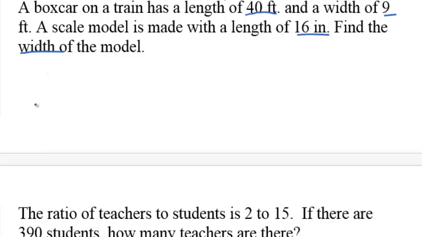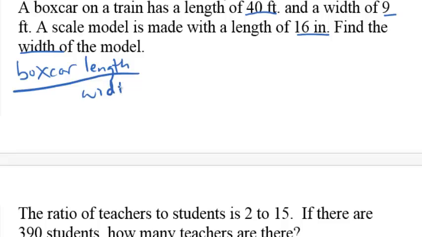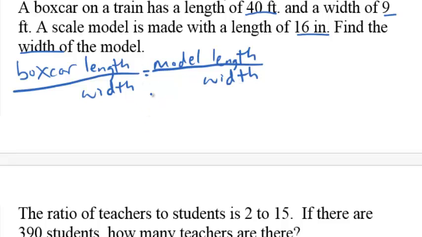So you can write your proportion any way, but I'm going to write the boxcar length over the width, and it's proportional to, it's equal to, the model length over the width. I could write length over width is equal to length over width, but one's the boxcar, one's the model, just to keep it separate for me as well.